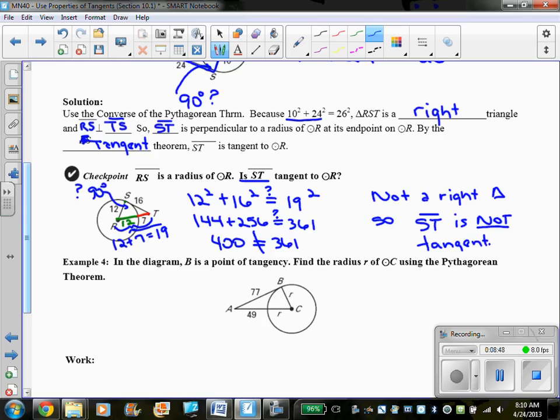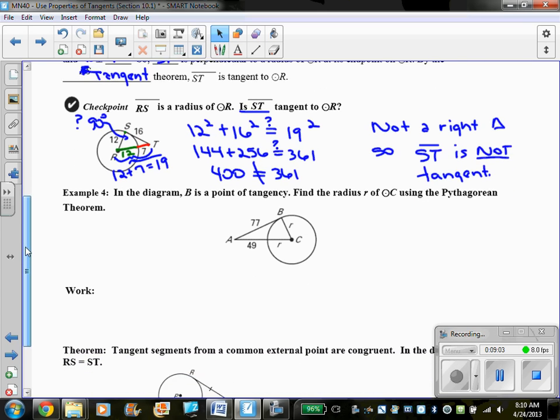Okay, so determine whether it's a right triangle or not. If it is, you have a tangent line. If it's not, you don't have a tangent line, simply because the radius and the tangent should meet at the point of tangency at 90 degrees.